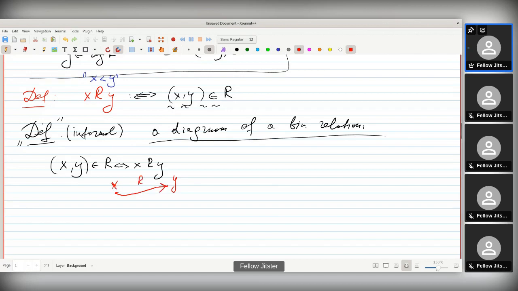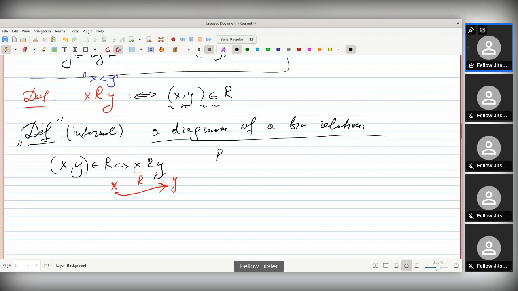And the orientation of this arrow differs the first coordinate from the second one. The arrow starts at the first coordinate, its source is the first coordinate and its target is the second coordinate.